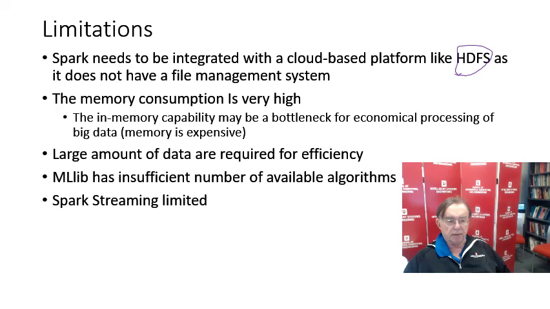The in-memory database can produce a lot of memory use, which could be tiresome. And with all parallel algorithms, you shouldn't run small jobs on it, at least not on parallel versions of Spark, because they'll be inefficient. MLlib is not really complete, but it's still a good start. And Spark streaming is not so good. We pointed that out already.